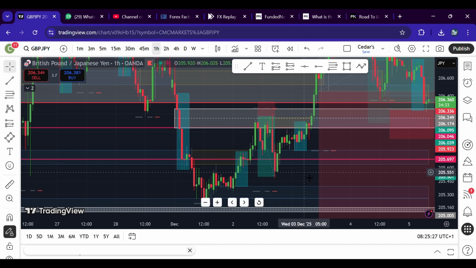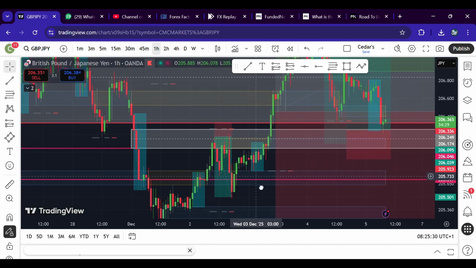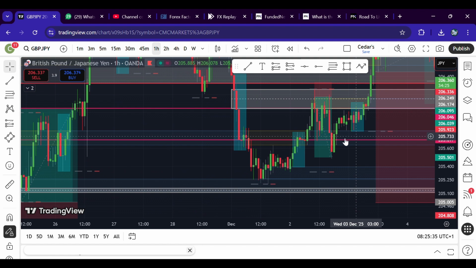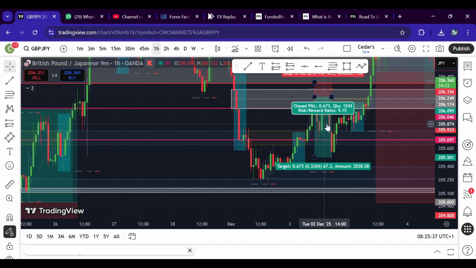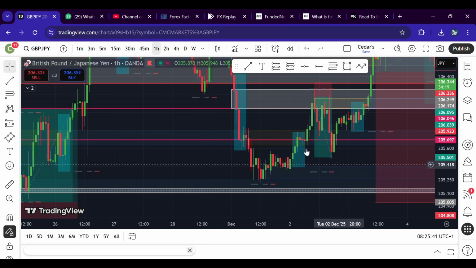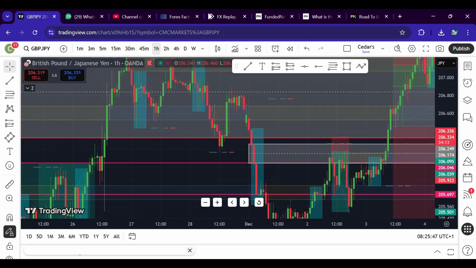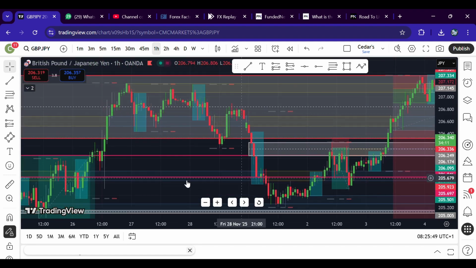So yeah, I do have a setup that I'm looking into, but we'll go into this one first because this is the trade recap for Tuesday. On Monday, price broke structure.